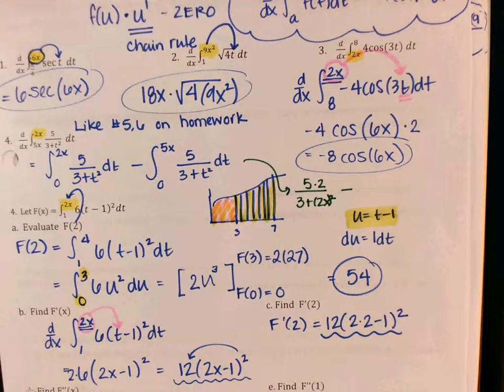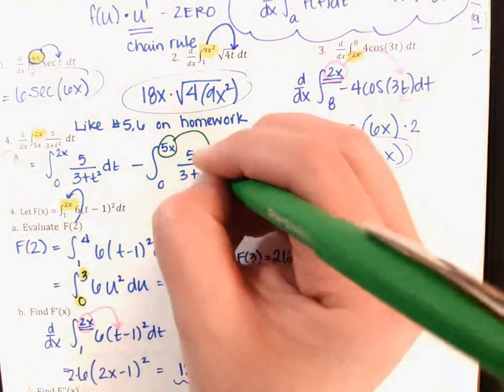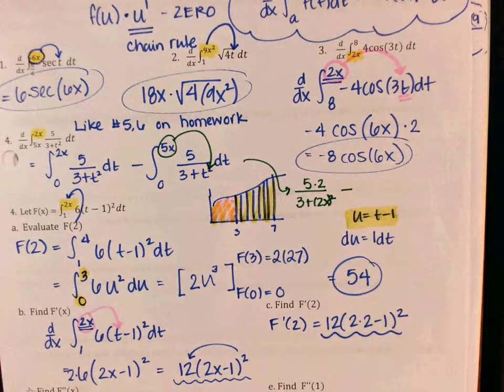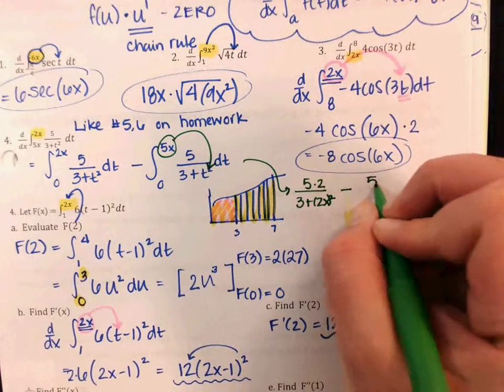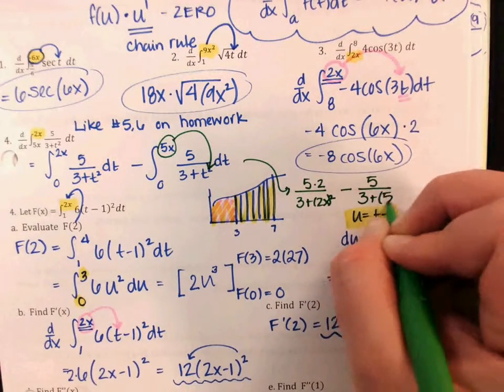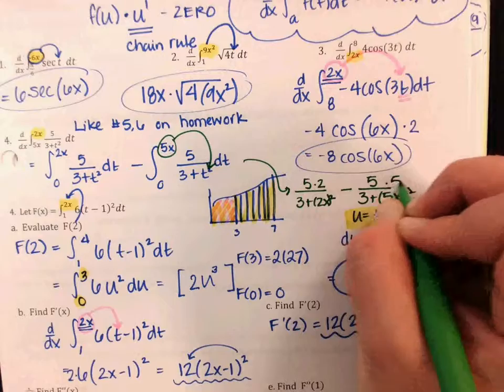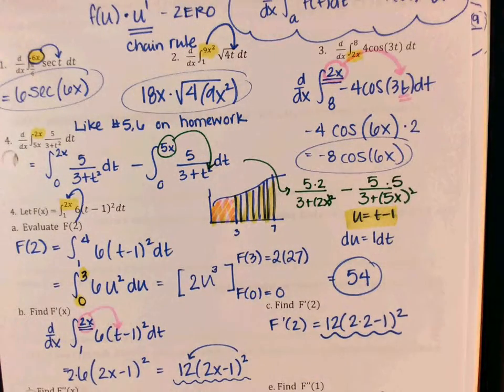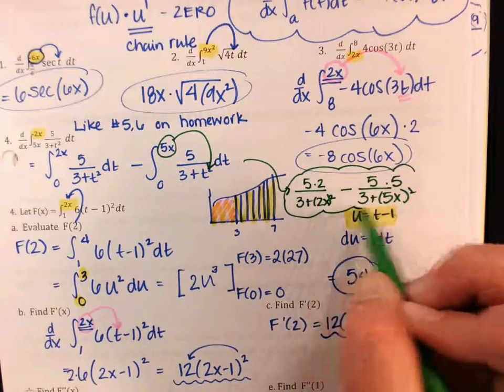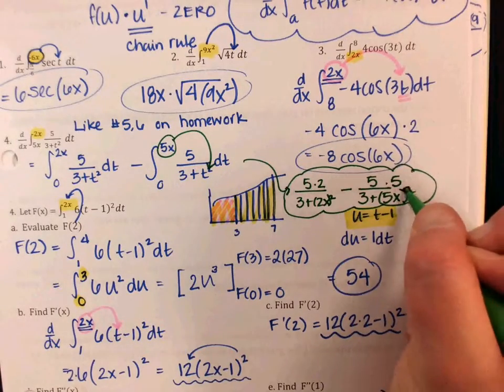And then in the second fraction, I'm plugging in a 5x as my special u substitute, but then I'm going to have to multiply by 5. And that would be your answer.